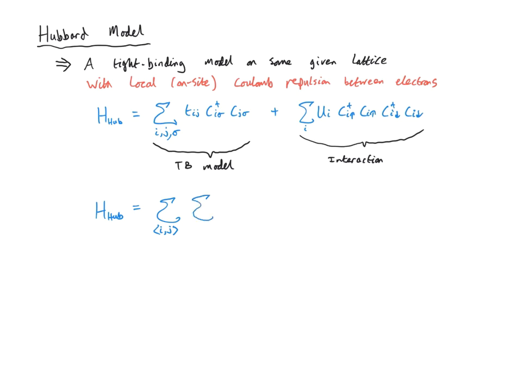We'll have a sum over spins, sigma, which are either up or down. And then we'll have the usual terms for our tight binding model, and we'll just say that these are all equal to each other for nearest neighbors on the lattice.